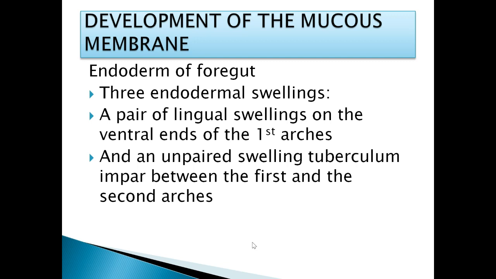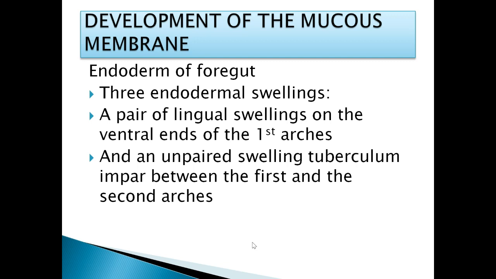A pair of lingual swellings on the ventral ends of the first arches, and another unpaired swelling, the tuberculum impar, between the first and the second arches. The paired swellings are called lingual swellings. The unpaired swelling is called tuberculum impar.